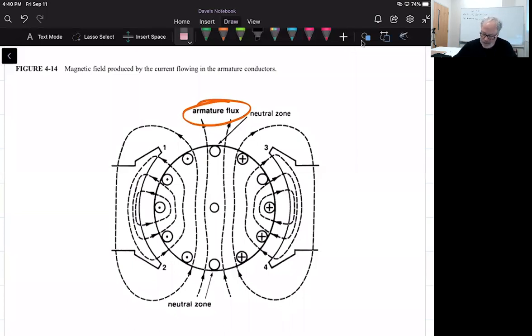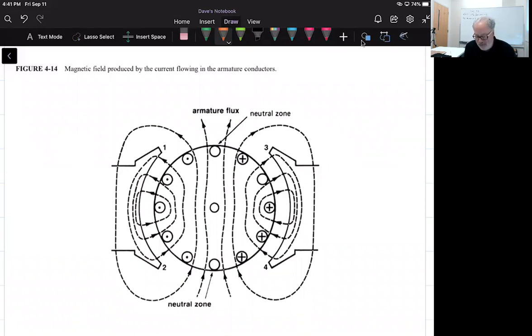This armature flux causes two primary problems. The first one we can look at here, when we're thinking about the neutral plane from the earlier sections, is that there is now flux in this neutral zone. And we know that if there is flux in the neutral zone, that will generate a voltage across the coil that is in that neutral zone.